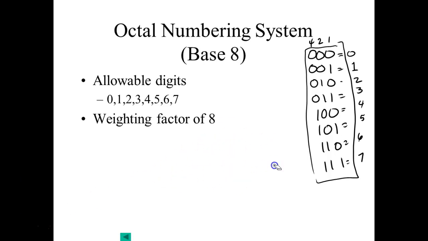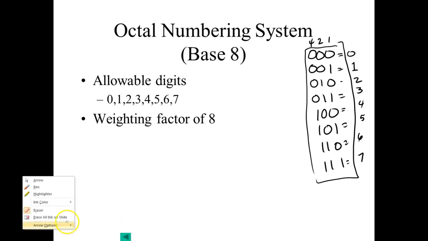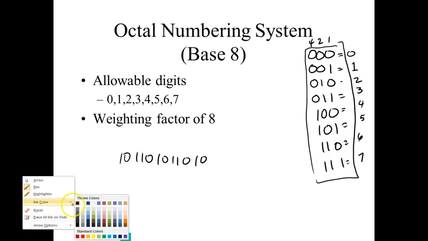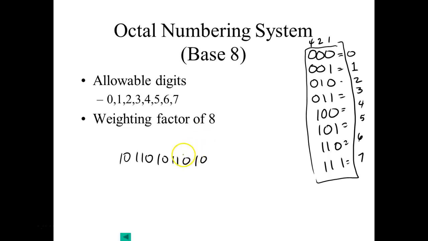So now that I've got my patterns over there, which you can come up with real easy, right? This chart is not hard to come up with. Now I could come over here and say, okay, I want to take a binary number. It doesn't make any difference how long it is. I'm going to start with the least significant bit and group it into groups of 3s.